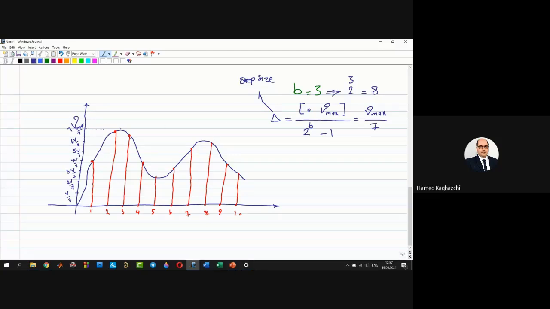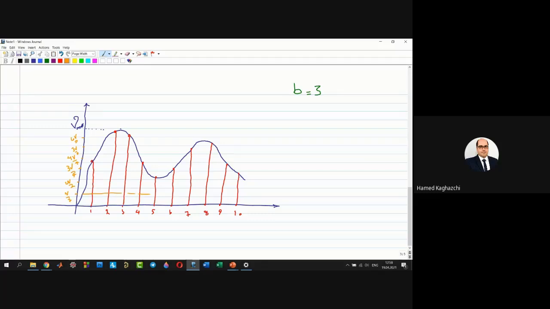This duration is the step size, delta. This is TS, the sampling period. I divide into 7 sections.